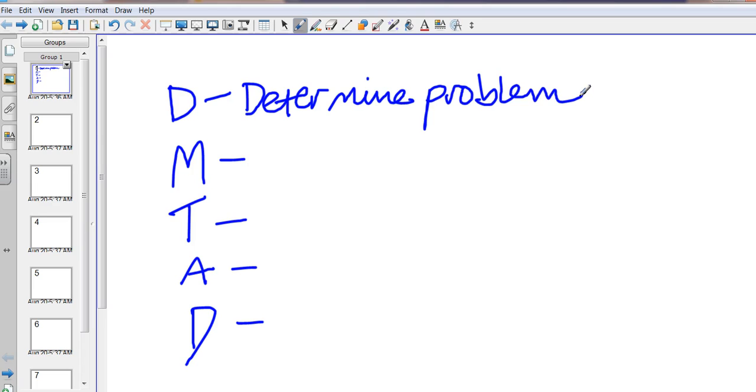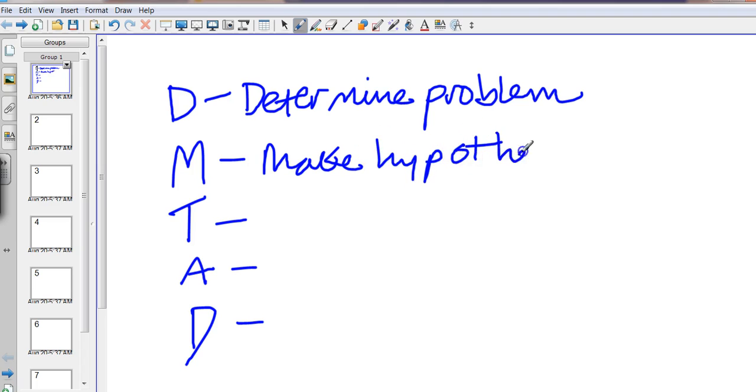And maybe some of the behaviors that you observed raised questions. And so then you start to try to answer those questions. So you would try to make a hypothesis. So you start to want to figure out why they do what they do.